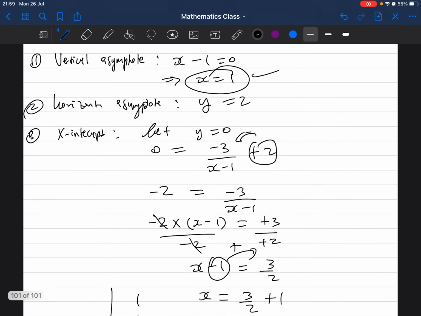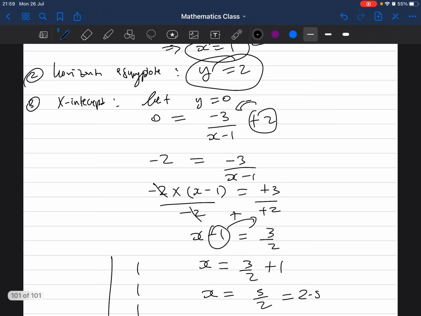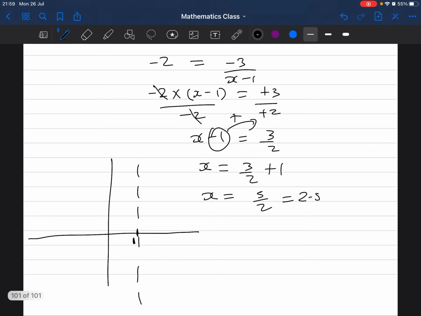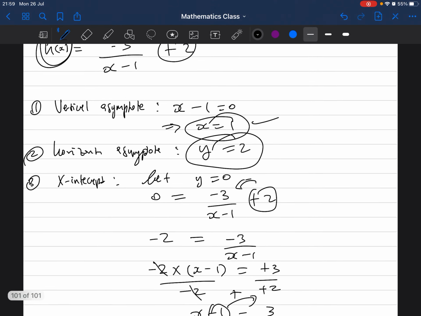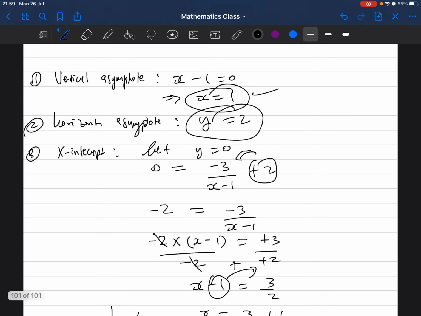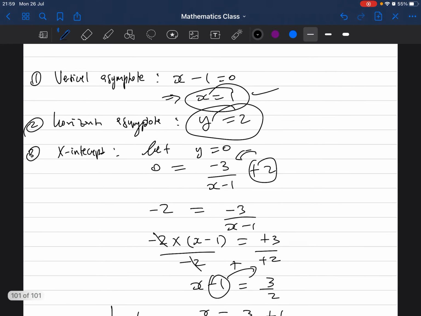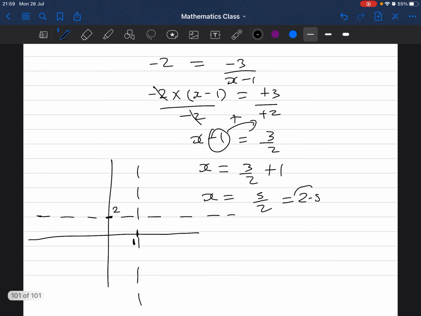And horizontal asymptote, y is equal to 2. So that's your horizontal asymptote. Let's say this is 2. So you draw a horizontal asymptote line. Cool. Now what is our x-intercept? Our x-intercept is 2.5. So here we have 2.5.